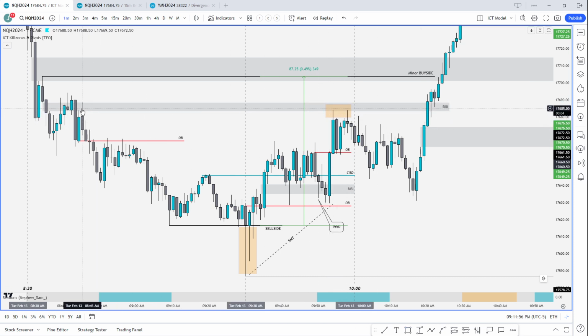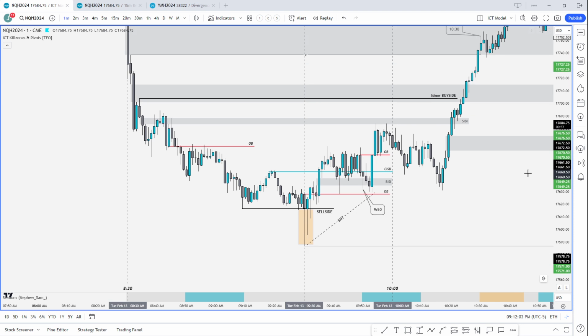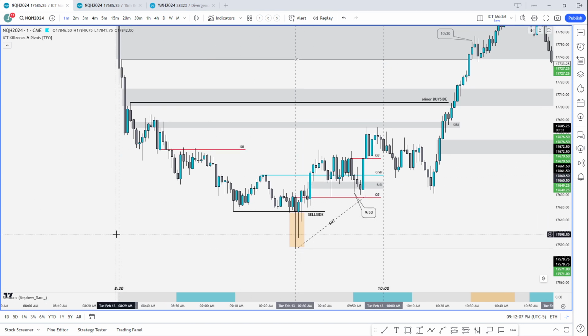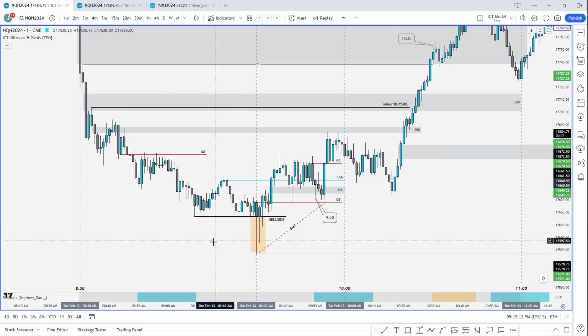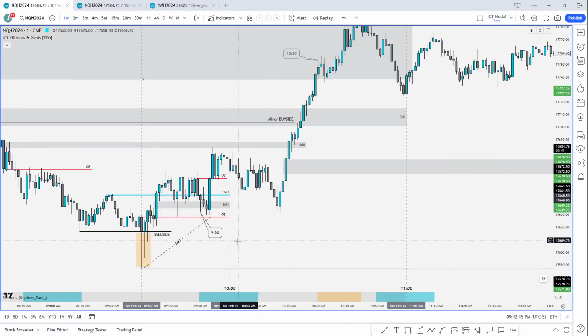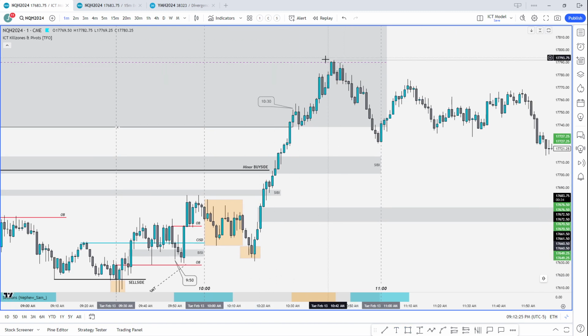So here we're distributing into a gap that can be seen, and a lot of times you'll see all those points happen in between these windows. Accumulation at 8:30, distribution at 9:30. Remember, reaccumulation at 9:30, distribution at 10, reaccumulation at 10. Here we have reaccumulation in the form of consolidation. Then we have manipulation and then distribution up into another gap.